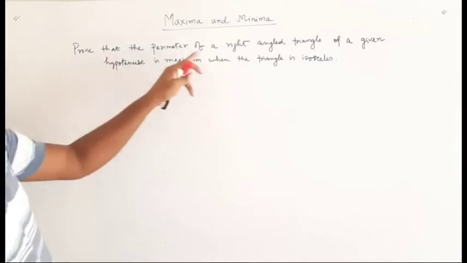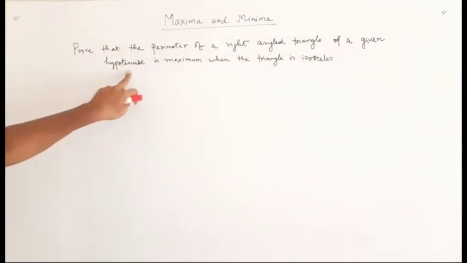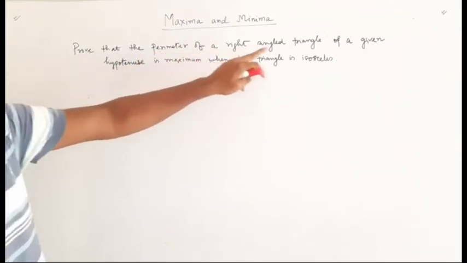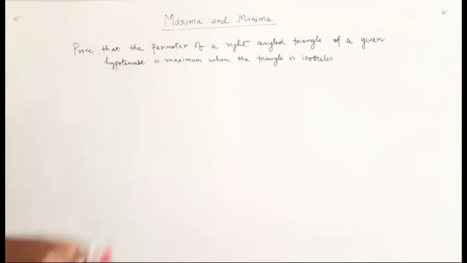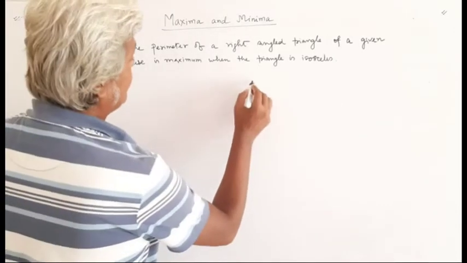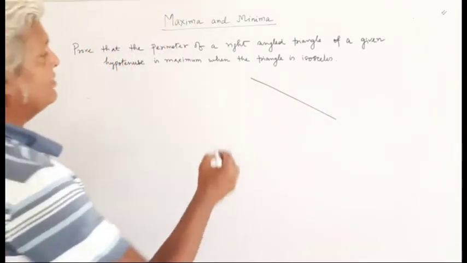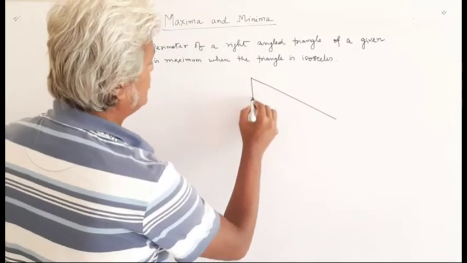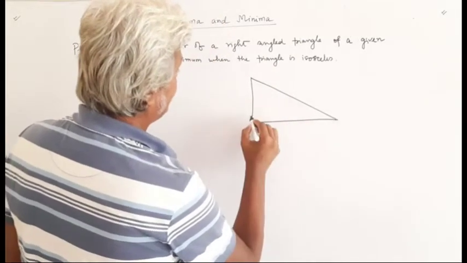Prove that the perimeter of a right angle triangle of a given hypotenuse is maximum when the triangle is isosceles. You are given a right angle triangle with a given hypotenuse. What do you mean by given hypotenuse? It means the hypotenuse is fixed, this length is fixed, and then only you have to draw the two sides, perpendicular and base.